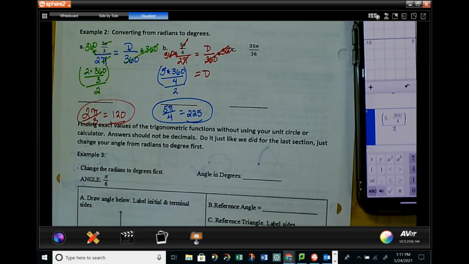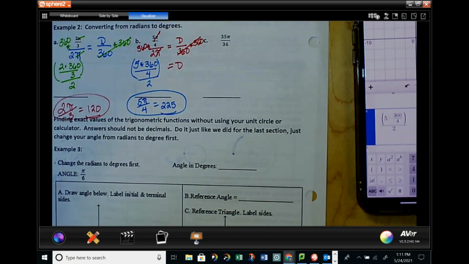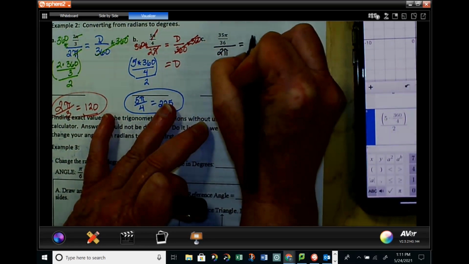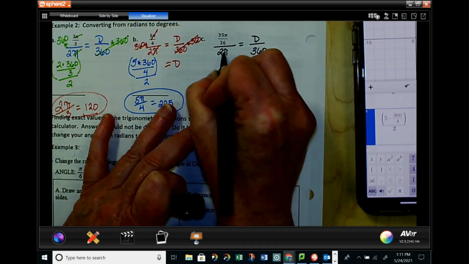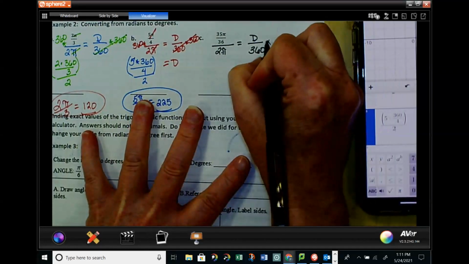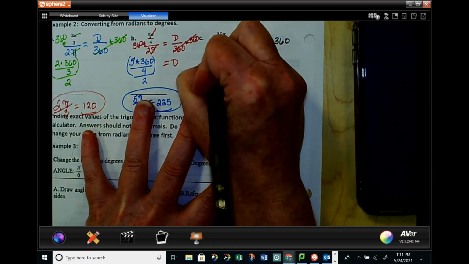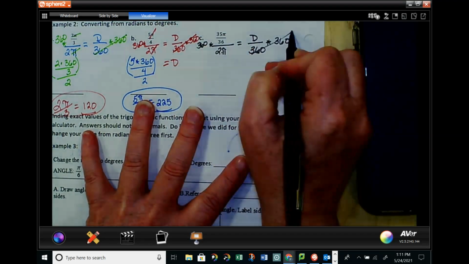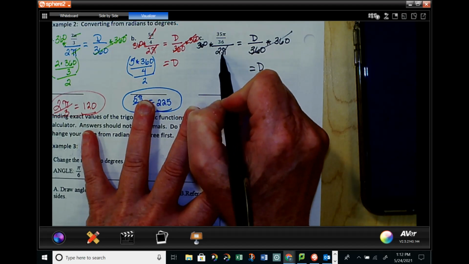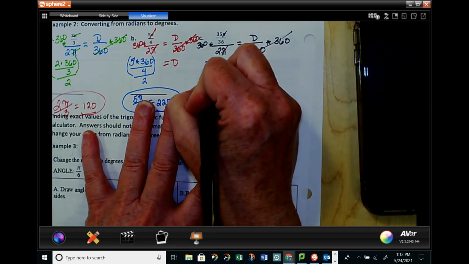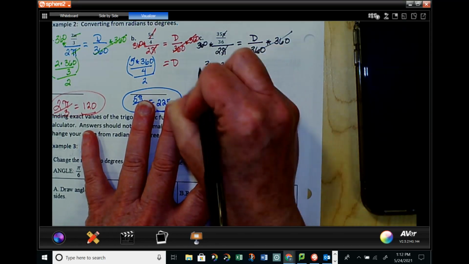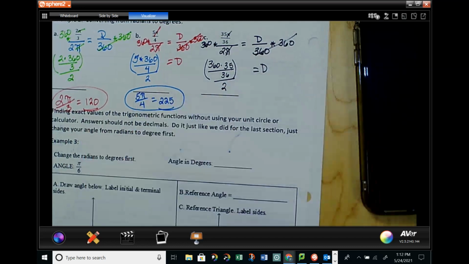And then the last one is going to be that same kind of concept. You're going to have this divided by 2 pi is going to be your degrees divided by 360, because that 2 pi and 360 are exactly the same ratio. So we're going to multiply by 360. It cancels out, I get my degree. Pi divided by pi cancels out. So we've got 360 times 35 divided by 36, and then divide by 2.